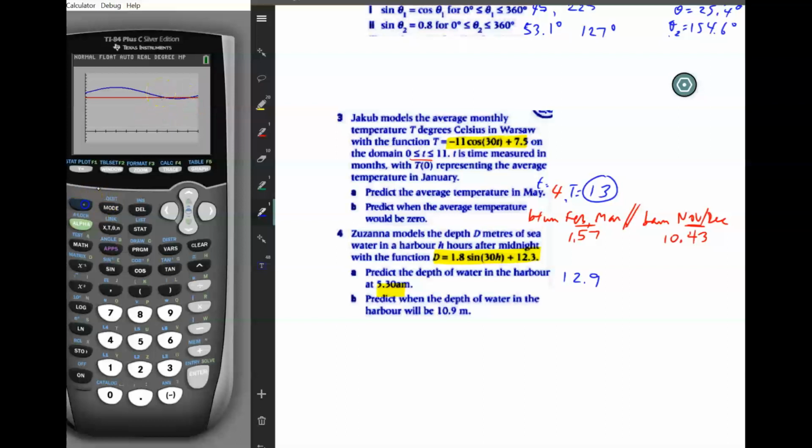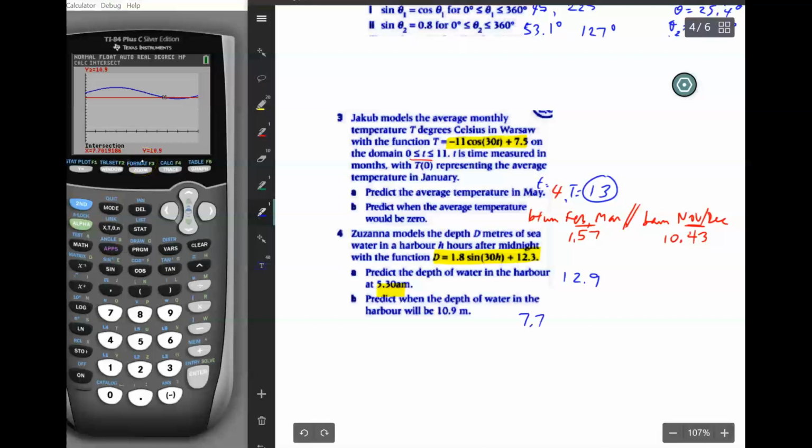I'll do that by doing second calc intersect, which is number 5. The first curve is the blue one, the second curve is the red one, so I hit enter twice. And then the guess, I'm closer to the left one already, so I just hit enter for guess. And it's 7.70 a.m.